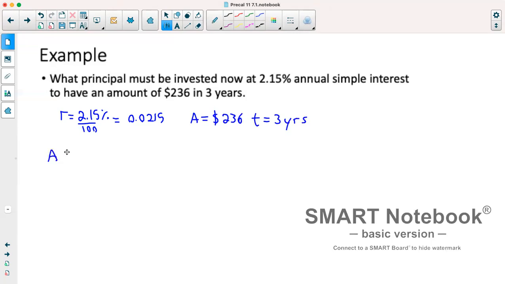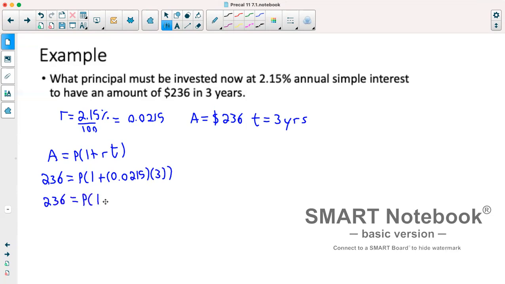So once again, I'm going to use A is equal to P times 1 plus RT, and we'll start filling in our information. So we've got 236 is equal to P times 1 plus 0.0215 times 3. And we will start simplifying this and then rearrange. So we've got 236 is equal to our principal times 1 plus 0.0645.